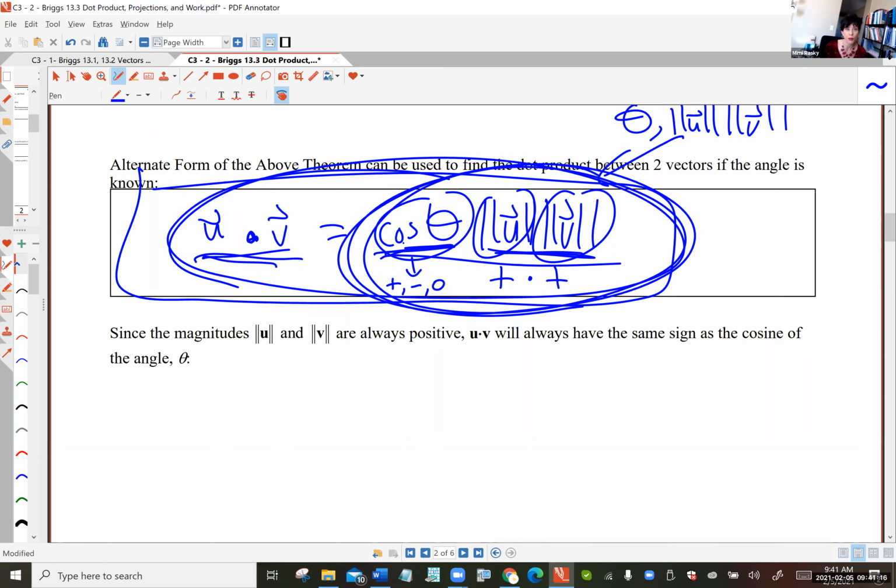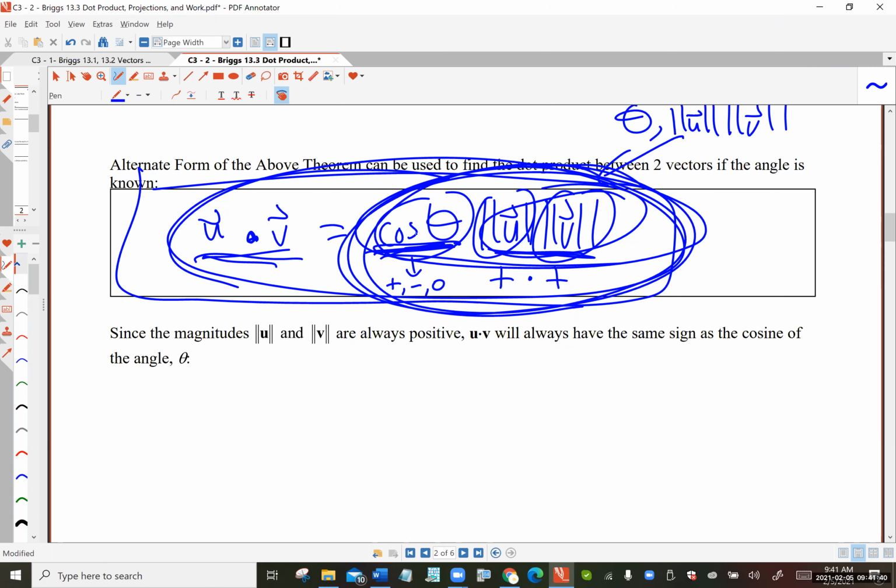He's sort of going to be the one driving the bus there. If he's positive, this entire product will be positive. If he's negative, then a negative times a couple of positives will be what? Negative. And if cosine is zero, which cosine sometimes is, zero times anything is?